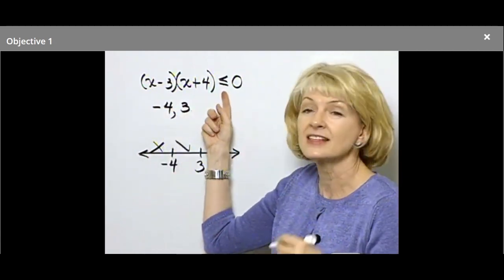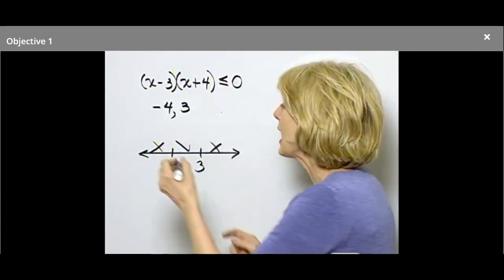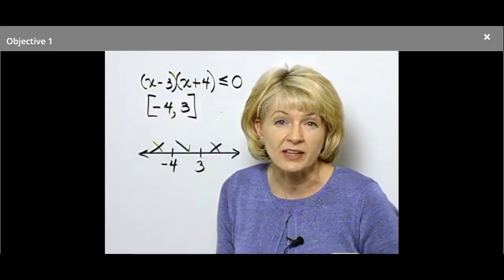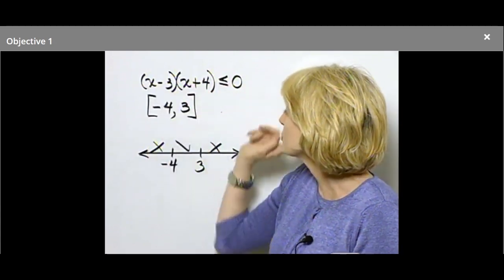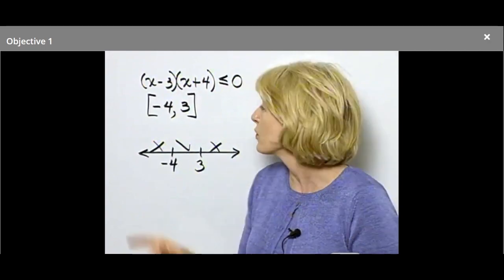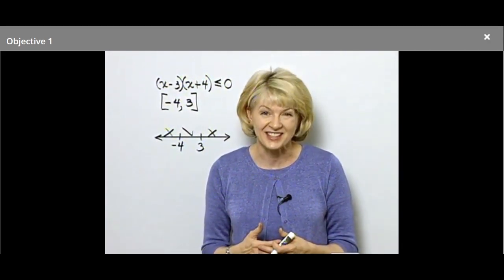Now, because this is less than or equal to, or if it were greater than or equal to, I place a bracket about those endpoints showing that this makes it a true statement and this makes it a true statement. And that is my solution for this quadratic inequality. Let's look at some steps we can use.